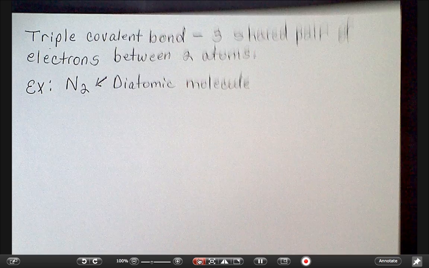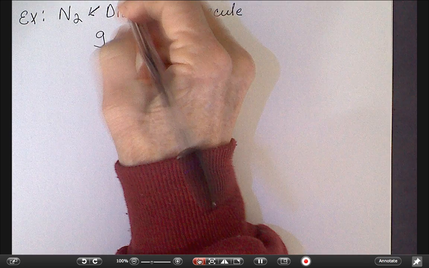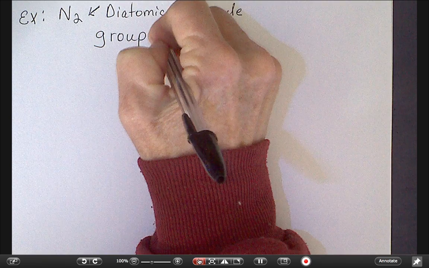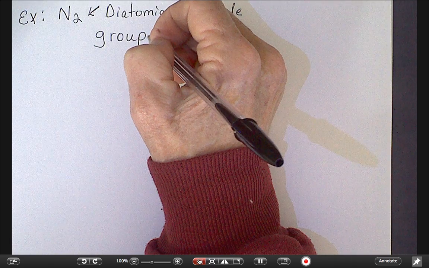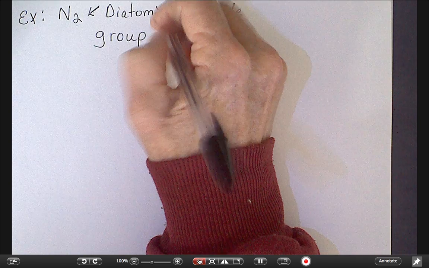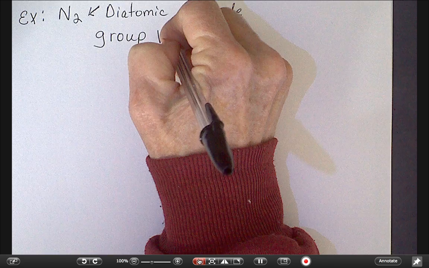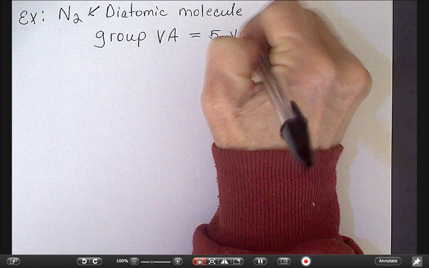So, the N is in what group? 15 or 5A? Everybody see it? I go by 5s. Why do I go by 5? Because that's an advanced electron mass. Exactly. Group 5A equals 5 valence electrons.